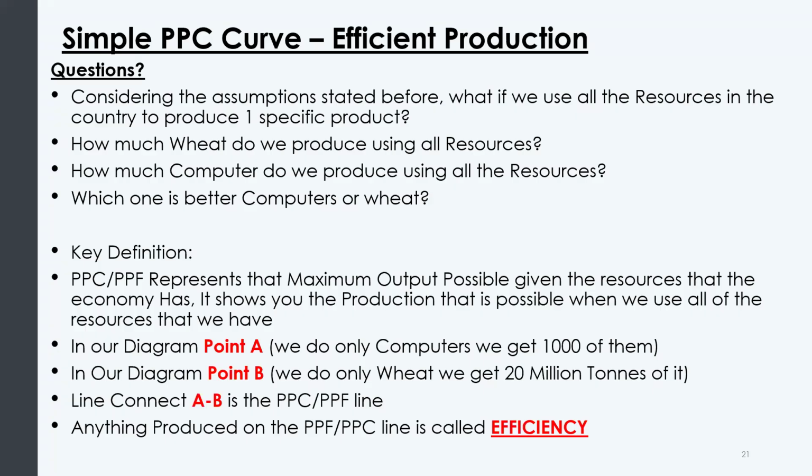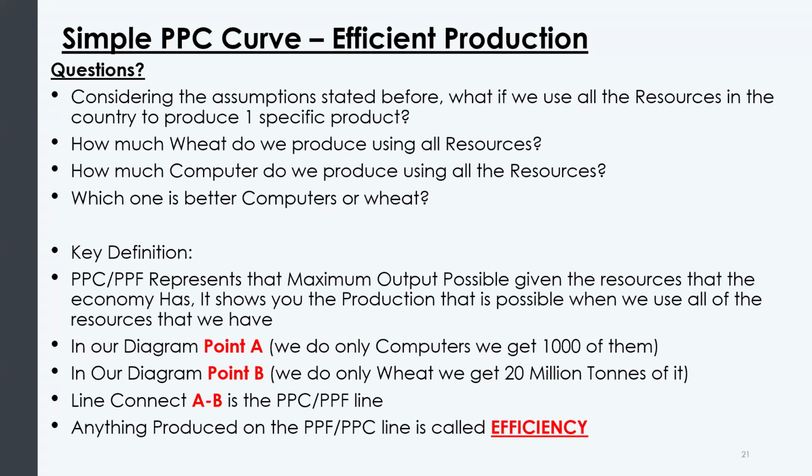So for us to understand the PPC or the PPF, the first thing is we're going to make assumptions. We have got a country, for example, South Africa, right? The country South Africa is a country that can produce either one of the two products. They can produce computers or they can produce wheat, right? Computers represent machinery, equipment, and etc. Wheat represents food, right?